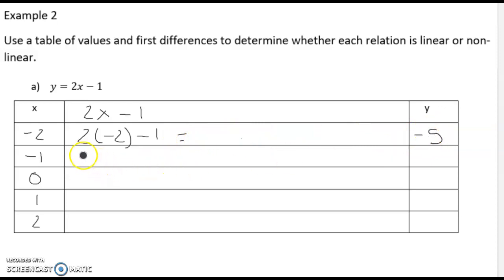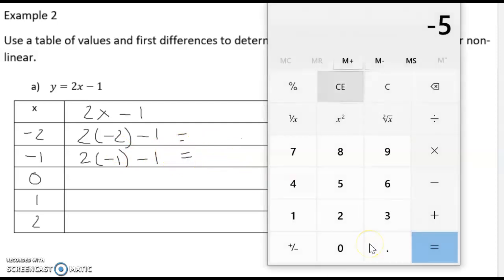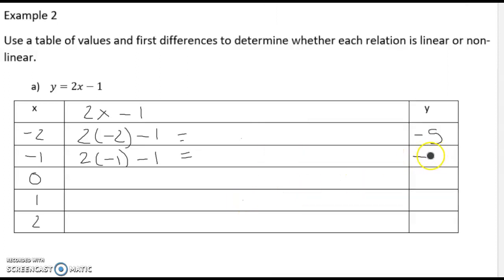The second one, we have 2 times -1 and then subtract 1. So in your calculator, you can do 2 times -1 equals -2. Take away another 1 equals -3. Next one, it's 2 times 0 minus 1.